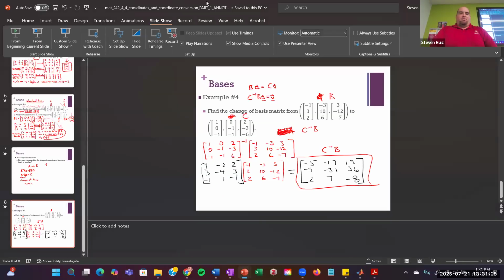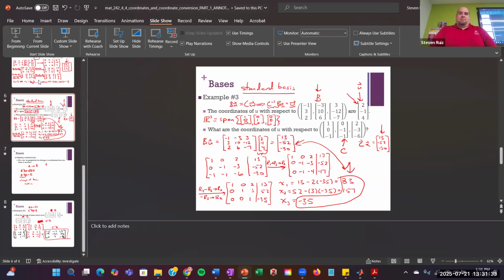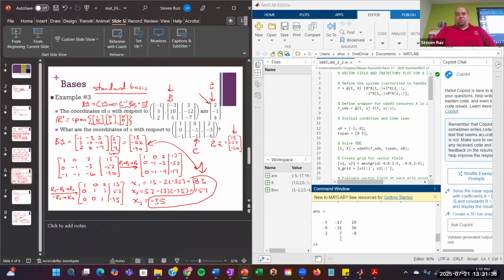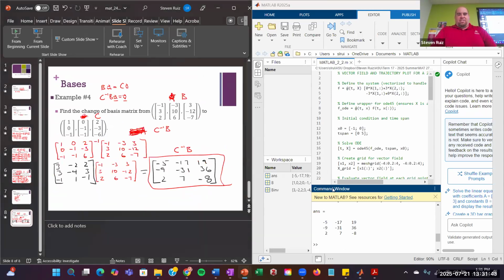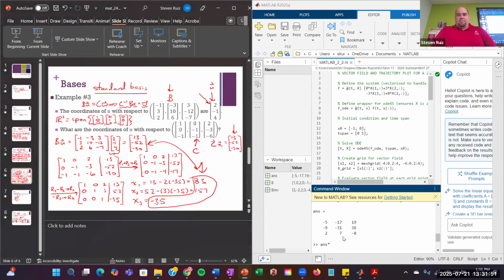Would it make you feel better if I proved to you this does what I told you it does? Since we had a rare happiness that was triggered by MATLAB, I'm going to go back to it. So what is the change of basis matrix? Okay, I still have it stored in ans. So ans times, what's my V? 2, -1, 4.